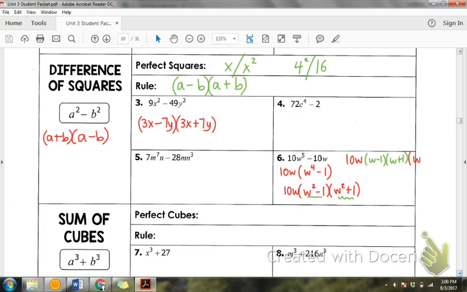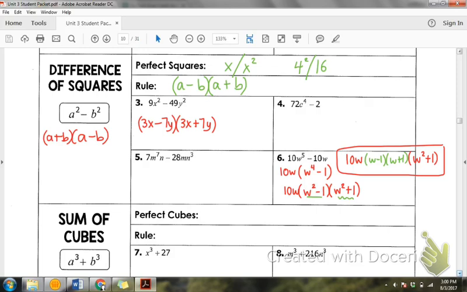And then you have your w squared plus 1. That one's a long one. But you just have to keep looking to see if there's something more that can be factored, okay? We've been doing this the whole time. We're just reviewing this. Sometimes those I would call a loaded question.